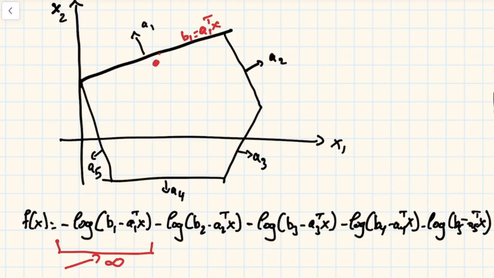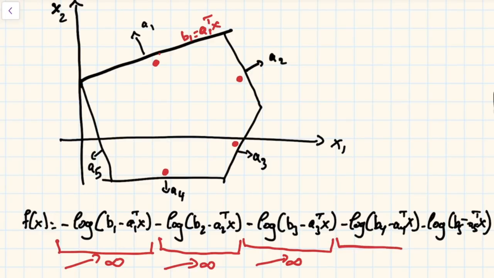Likewise, if you chose it close to a2, the closer you get to the straight line, then this term will also blow up to infinity. And likewise, if you chose it close to a3, then this guy goes to infinity. Close to a4, this guy goes to infinity. And close to a5, the line defined by a5, then this guy goes to infinity.